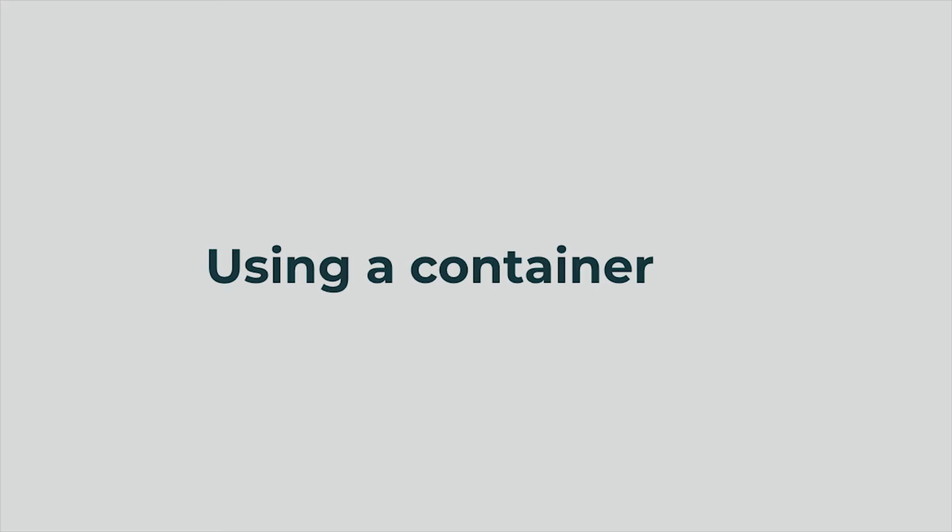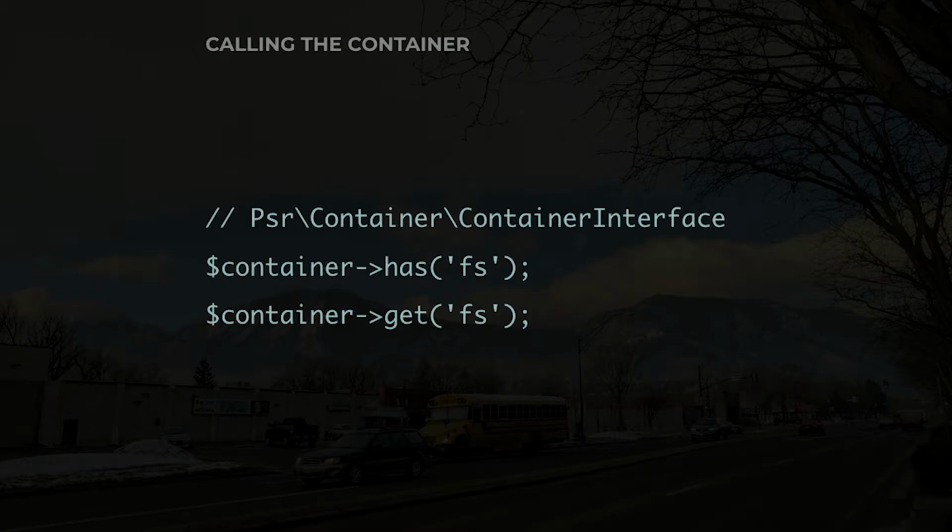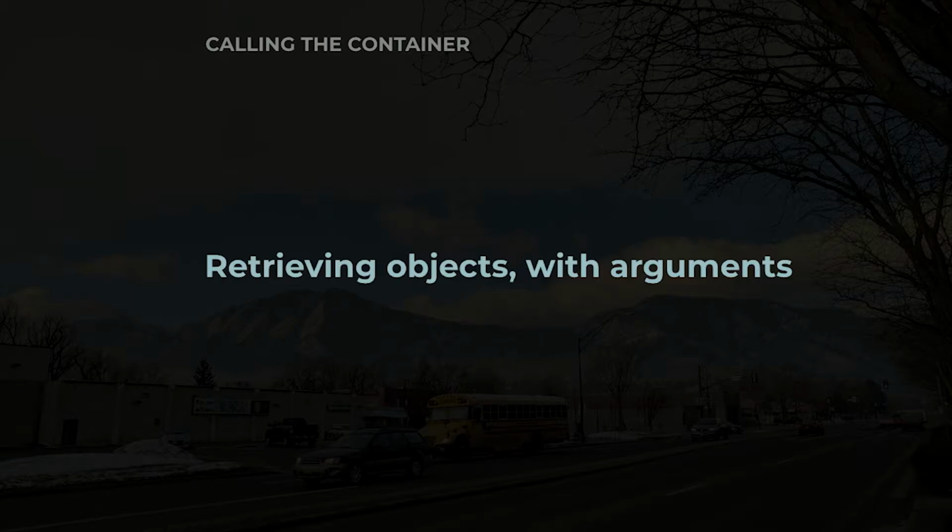So how do you use this container? Well, we've seen the PSR container interface. It has a get method and a has method, so that's pretty easy. The first one, the has method, returns a boolean. The second one returns an actual initialized object. But there are different ways and different implementations to do some more stuff with this.